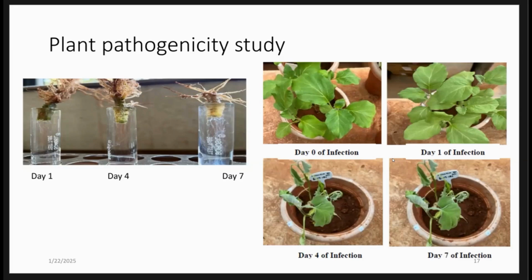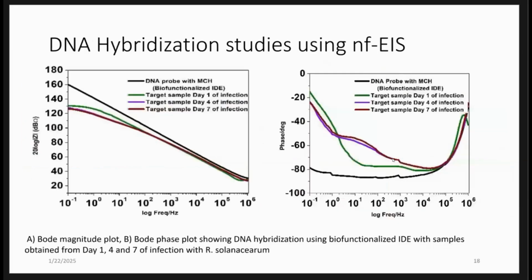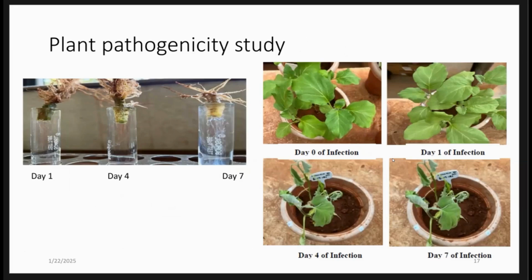Soil and plant samples from all of these different stages of infection were collected, and were already tested with the gold standard methods just to make sure Ralstonia infection is present in the plants. These samples were tested on the proposed biosensor to see whether, especially on day 1, when there are no symptoms in plants, the sensor can detect the presence of Ralstonia in the soil and in the stem of plants.